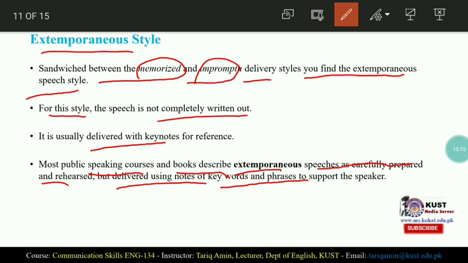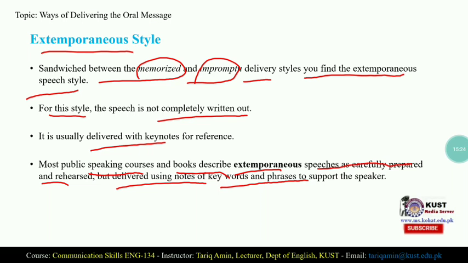But when you present it in front of your audience, you don't read it from your pages. You just look at the pages for the main points so that you may not forget them, so that you can present your presentation in a coherent way.